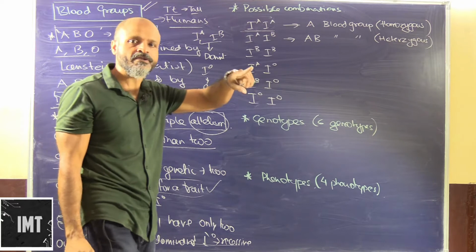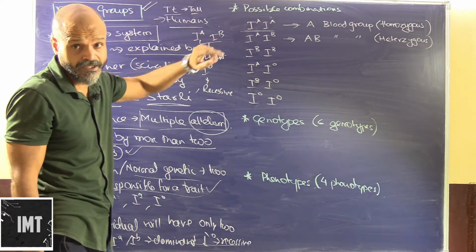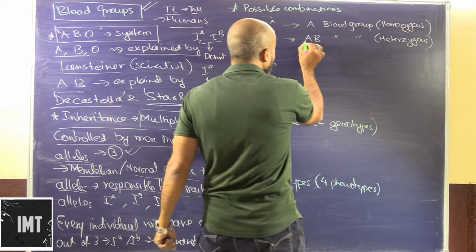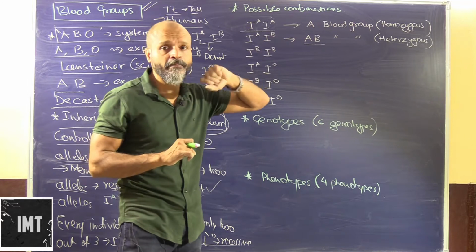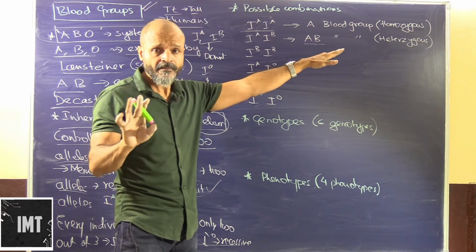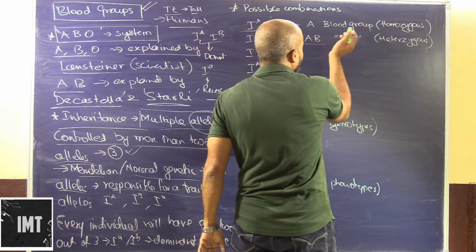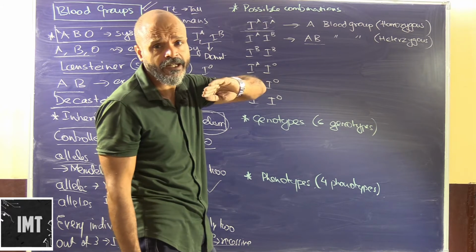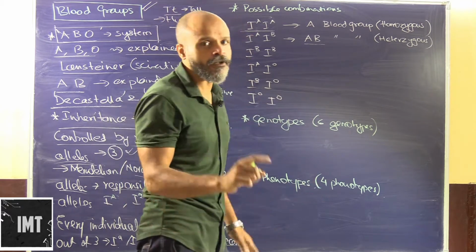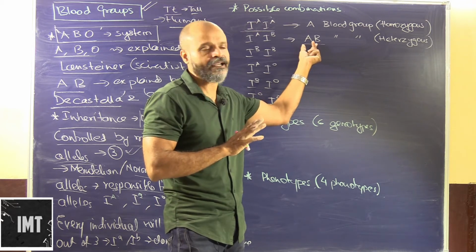But here it is multiple allelism, which means that both A and B will dominate, and the blood group will be AB, not just A or just B. Both will behave as dominant alleles, so although it is a heterozygous combination, both will represent their characteristics.